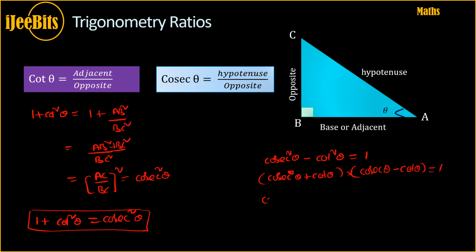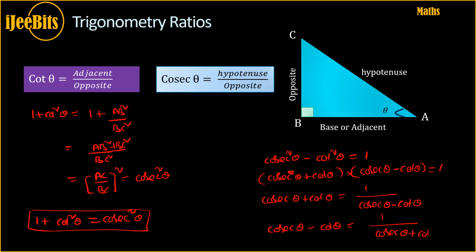So you can also write it reciprocally, cosecant theta plus cot theta equal to 1 over cosecant theta minus cot theta, or otherwise cosecant theta minus cot theta equal to 1 over cosecant theta plus cot theta, right? This is how you can represent it.